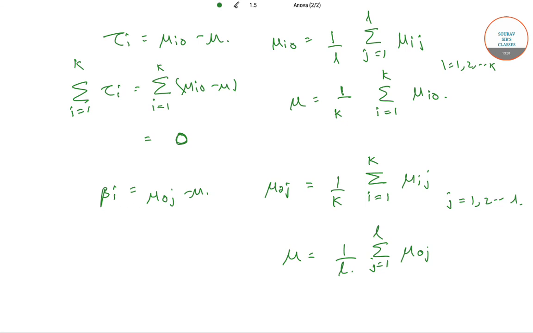If we take summation on both sides, we get summation j runs from 1 to L beta j equal to summation j runs from 1 to L of mu naught j minus mu. Since mu is the mean of the mu naught j, the sum of deviations is always equal to 0. So we get summation j runs from 1 to L beta j also equal to 0.